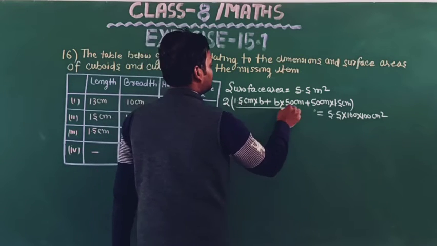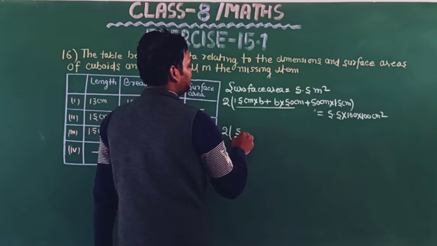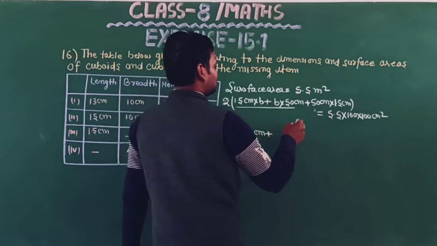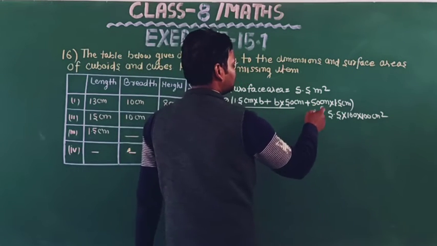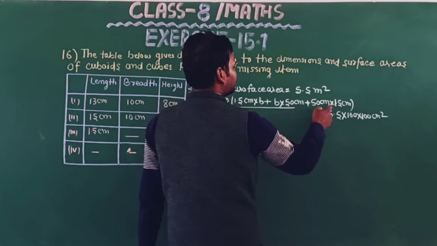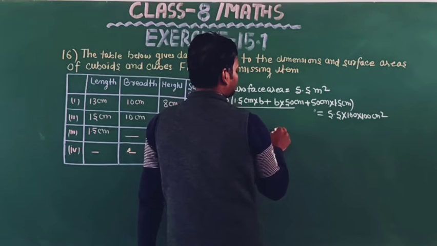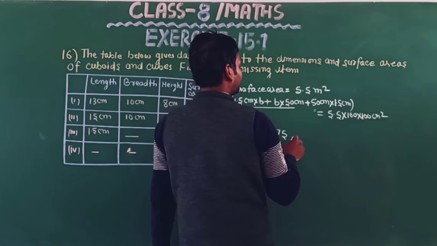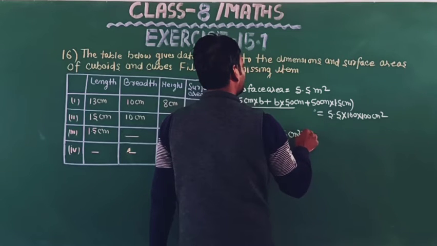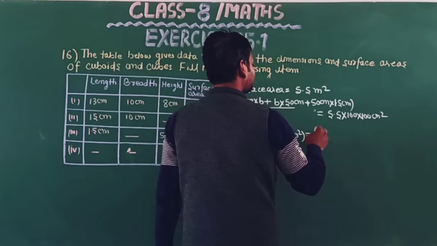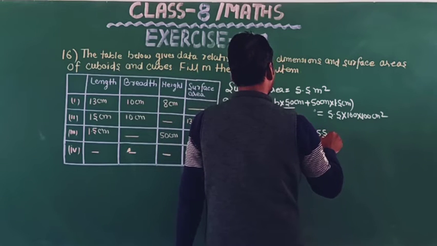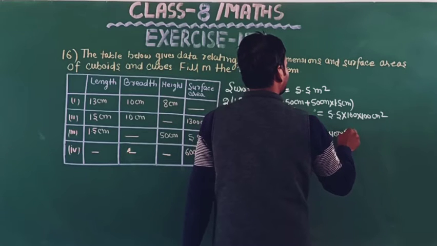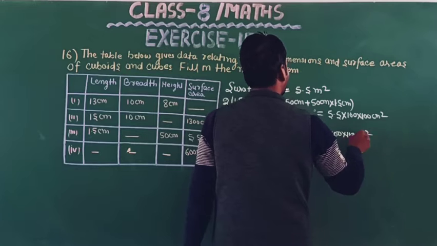After adding these two quantities, we will get 51.5B plus 50 into 1.5, which is 75 centimeter square, equal to 5.5 into 100 into 100 centimeter square.